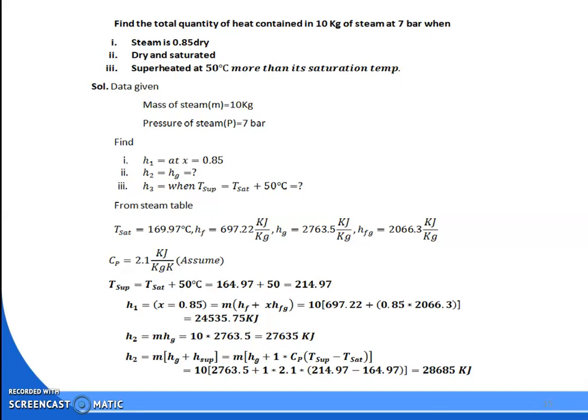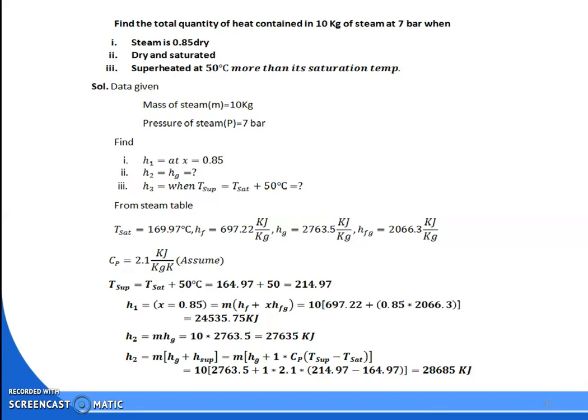T saturation is 169.97 degrees centigrade. hf, the sensible heat, is equal to 697.22 kilojoule per kg. hfg is equal to 2066.3 kilojoule per kg. And hg is equal to 2763.5 kilojoule per kg.